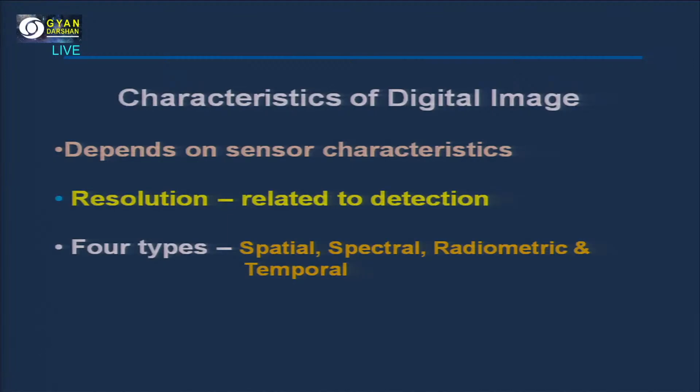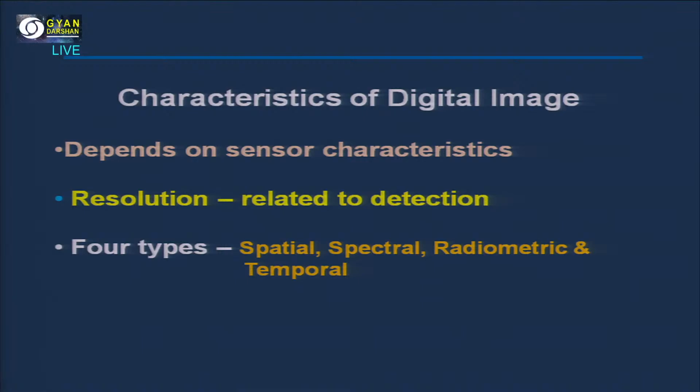Thank you, sir. You see, the characteristics of a digital image depend on the sensor characteristics, and resolution is another characteristic of a digital image. The term image resolution is applied to digital images, film images, and other types of images, and it describes the details that an image holds.